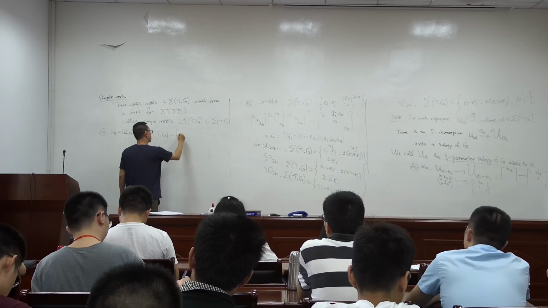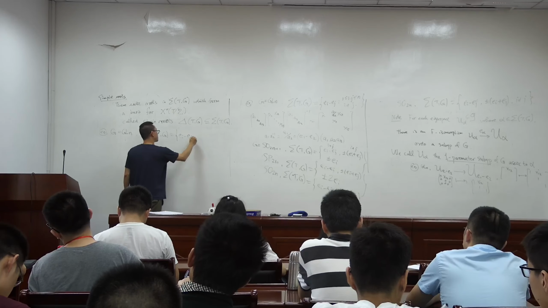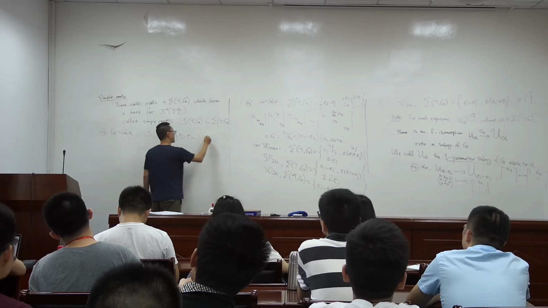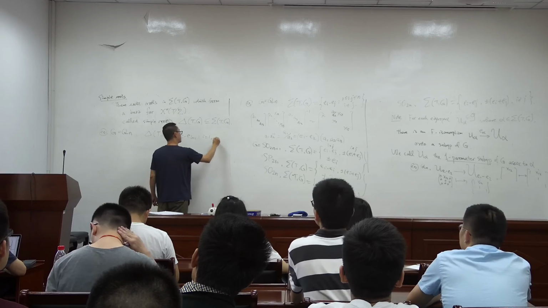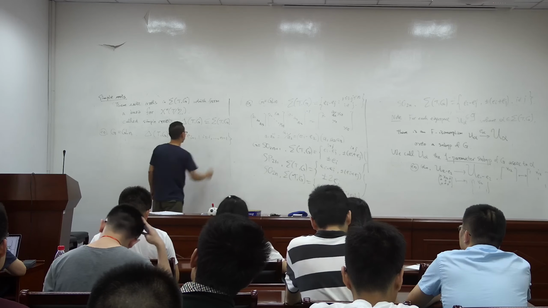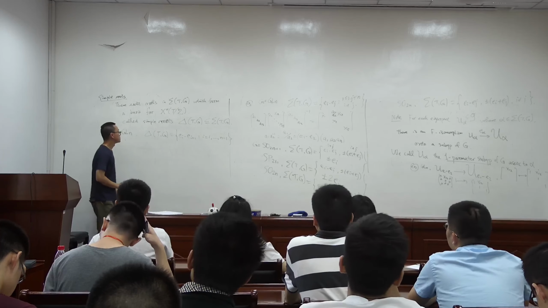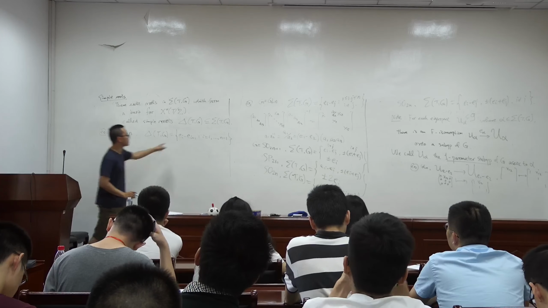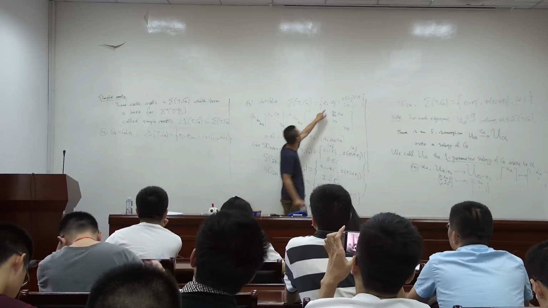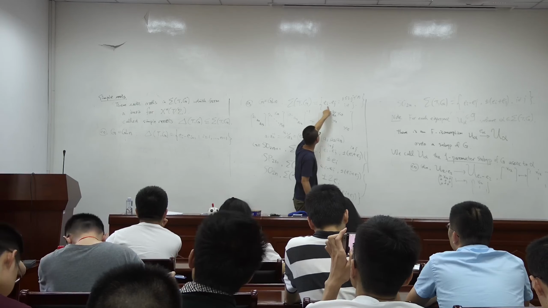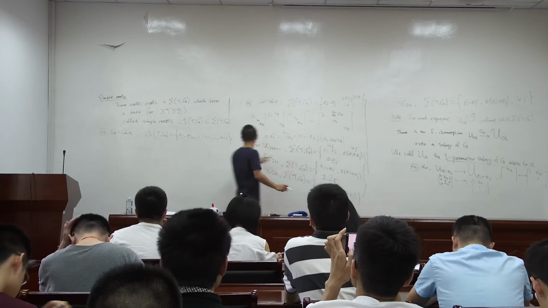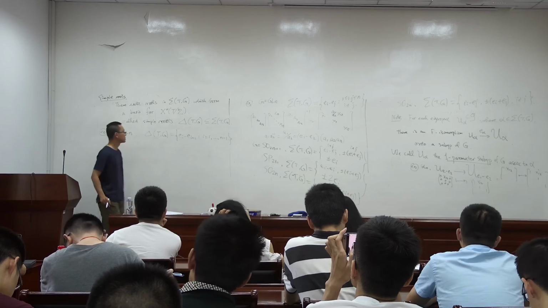The simple roots are e_i minus e_{i+1}, where i from 1 to n minus 1. So there are n minus 1 many simple roots, and you can write any root as a linear combination of these.